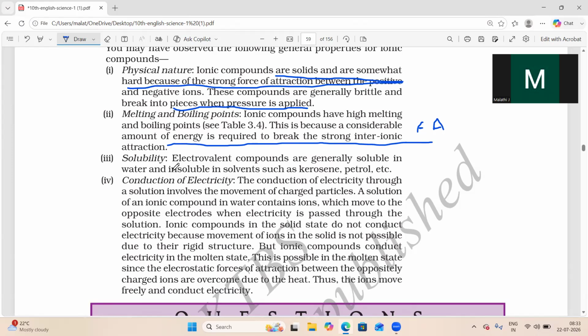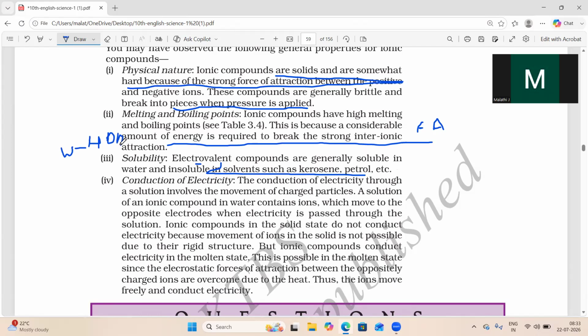Coming to solubility, these compounds are generally soluble in water and insoluble in solvents such as kerosene and petrol. Water also has ions, that is, H plus and OH minus, in its formula H2O.